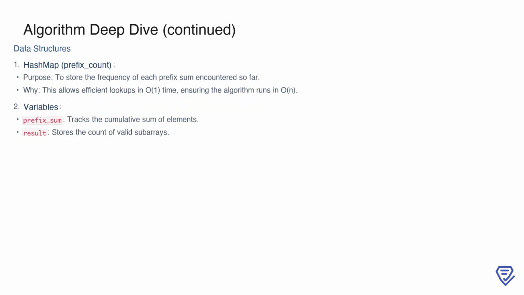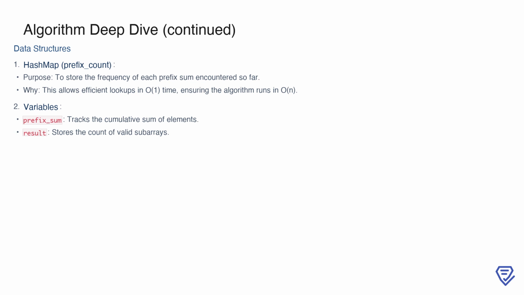To implement this algorithm effectively, two main data structures are used. First, the hashmap, or prefix_count, is the core of our solution. It stores the frequency of each prefix sum encountered so far, allowing for constant time lookups. This enables us to check the existence of complements and retrieve their frequencies efficiently.